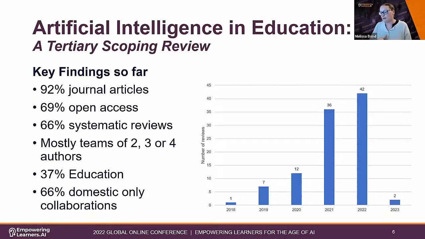There were only around 10 off the top of my head that were international, and then there were a little bit more that were both domestic and international. But I kind of expected, especially with the last couple of years, where there's been a shift towards online learning and work in all kinds of different ways, perhaps there might be a little bit more international work.